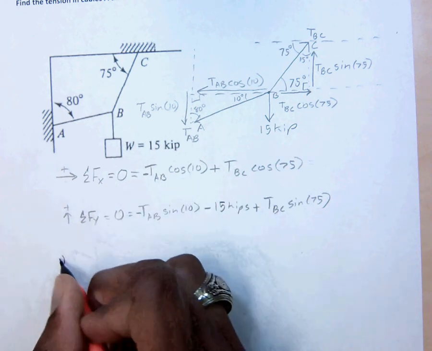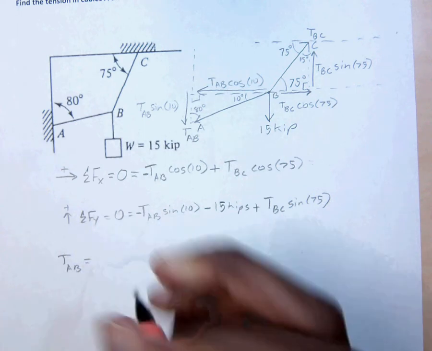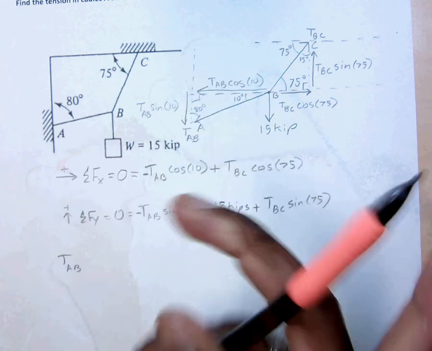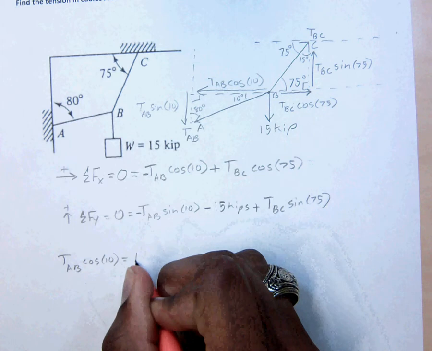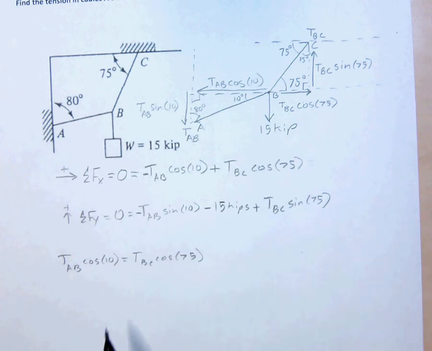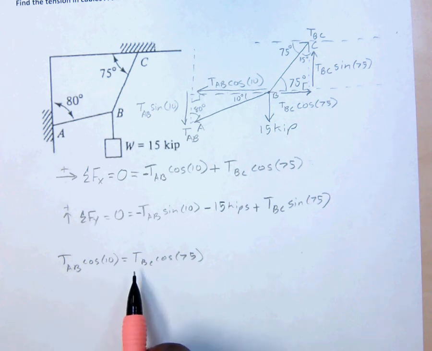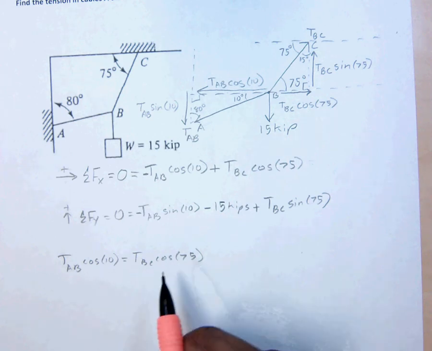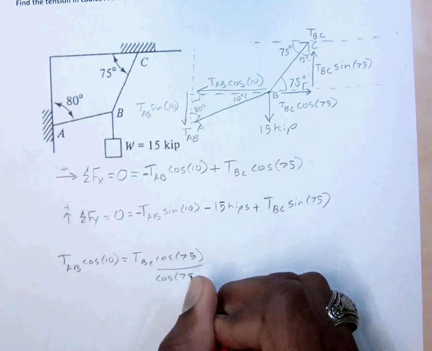So tension in AB times the cosine of 10 degrees is going to equal tension in BC times the cosine of 75 degrees. Okay, so now I'm going to continue to solve this for a variable. It doesn't matter which one you solve for, so I'm just going to solve for the tension in BC. So that means I'm going to divide by the cosine of 75 degrees on both sides.